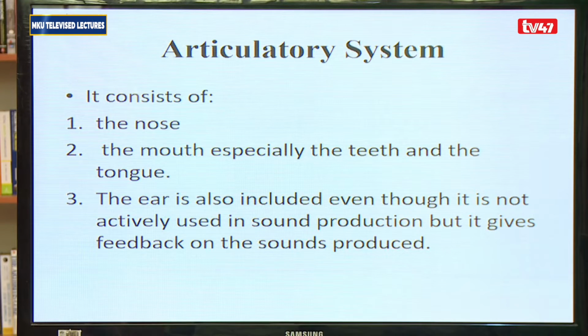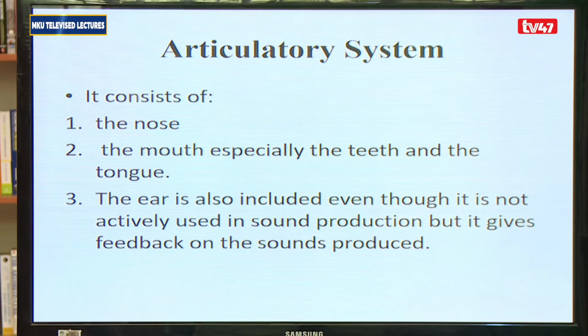Then, number 3, we talked about the articulatory system. And the articulatory system consists of 3 organs. These are 1, the nose, 2, the mouth, and especially the tongue.